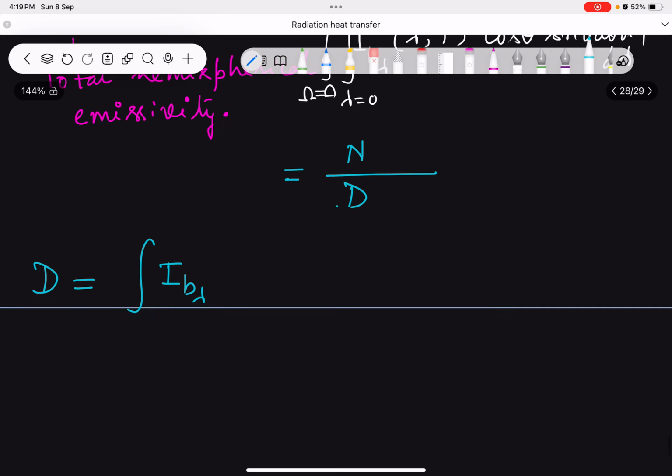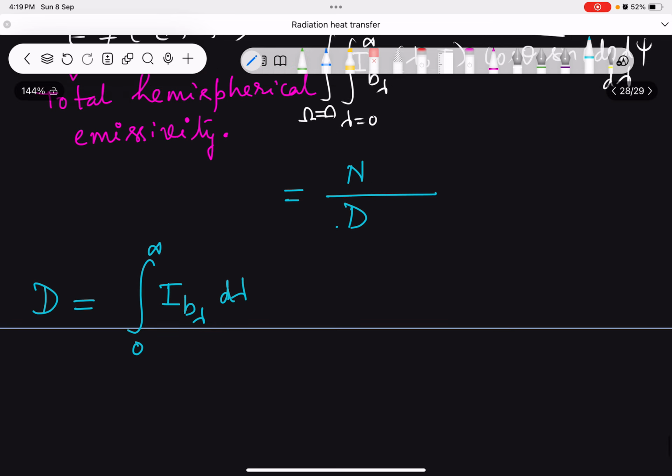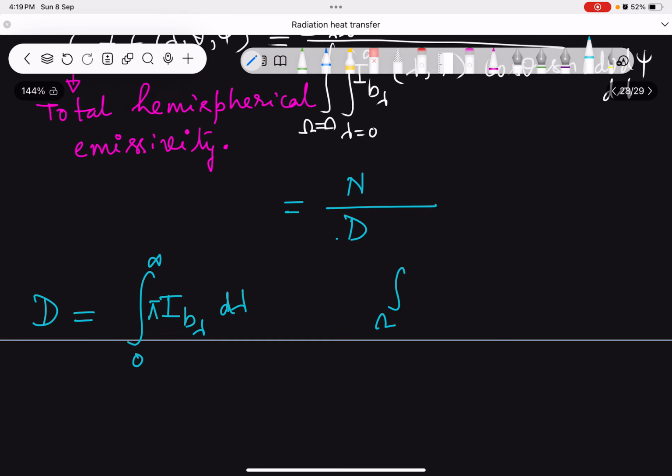I will only integrate with respect to lambda here, 0 to infinity, and there will be a pi, just a pi, because if I am integrating over the hemisphere, then my cos theta sin theta d psi becomes pi. I have already done this.